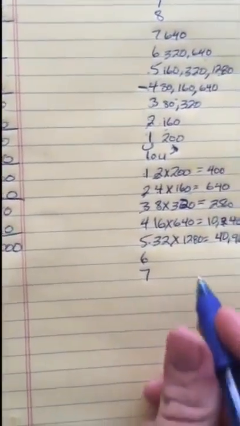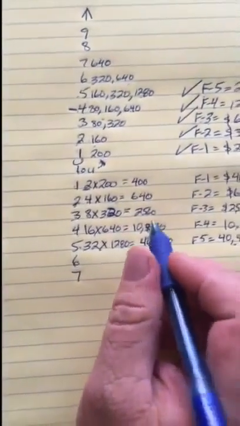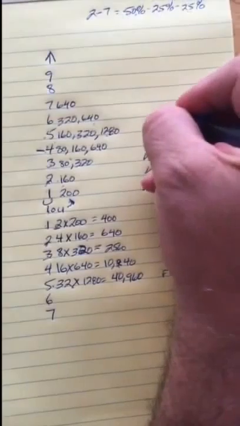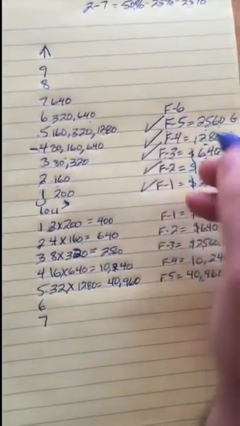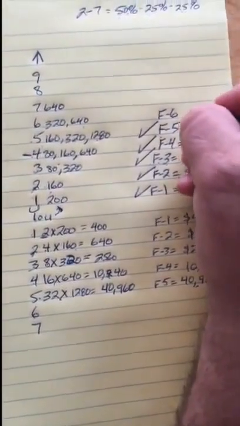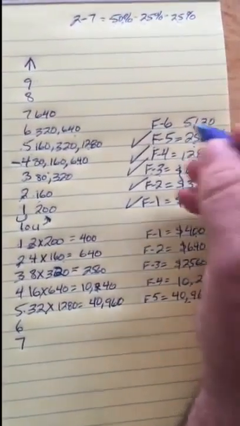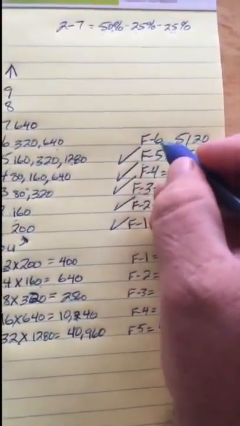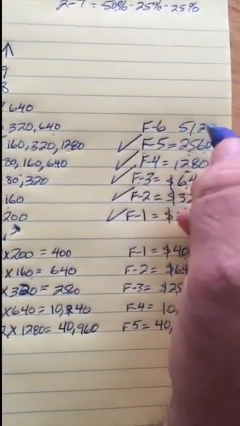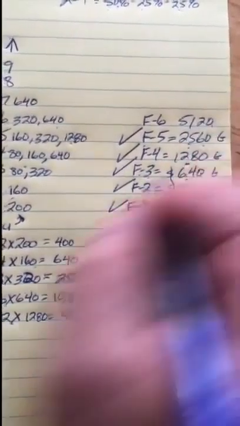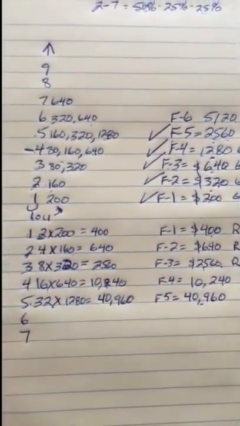Now, stay with me. We've got 2 more stairs to climb. Floor 6 is, again, double 2560, which is 5120. So in order for us to fund and contribute to floor 6, we're going to have 5120 subtracted from the 50,000.